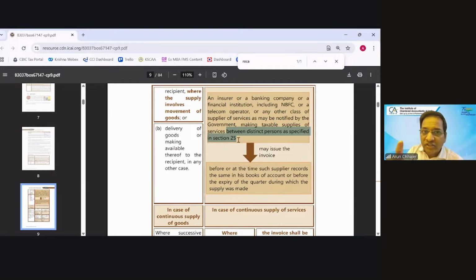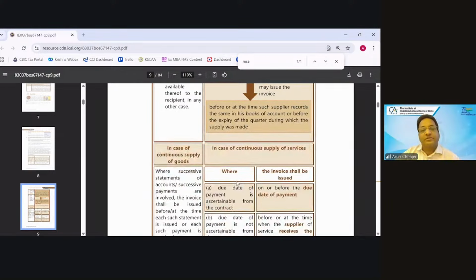Give me the answer, by which schedule is it taxable? The answer is Schedule 1. Correct? They may issue the invoice before or at the time when the supplier records the same in his books, or before the expiry of the quarter during which the supply was made.